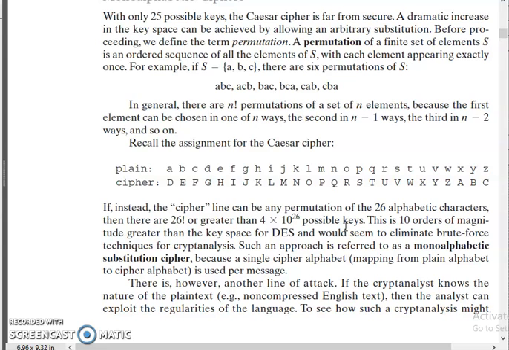So the monoalphabetic cipher is a little more secure than the Caesar cipher.